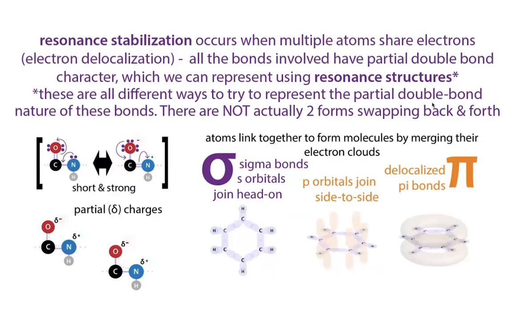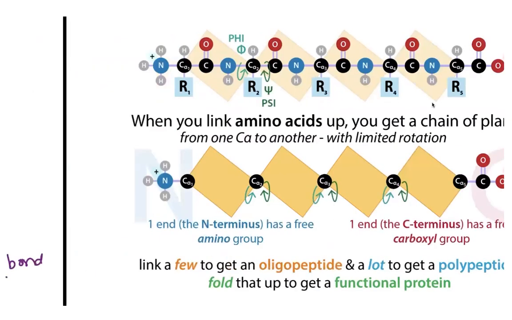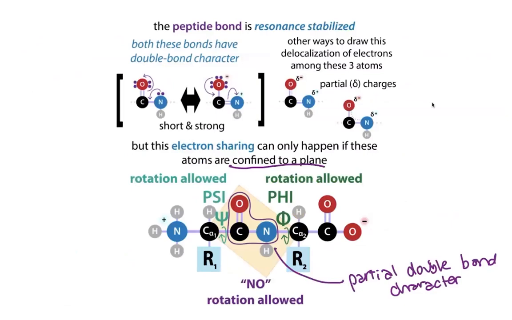If you were to rotate those single bonds, what would happen is those p orbitals would get out of alignment. And if they get out of alignment, then they can't be joined. And so those atoms that are in that peptide bond, they have to be planar. And so you're going to have this constricted nature of the peptide backbone. And so there's only a couple places that you're actually going to be allowed to rotate.